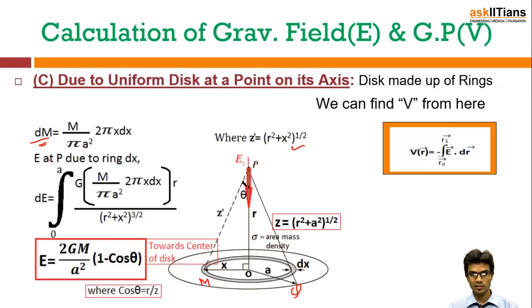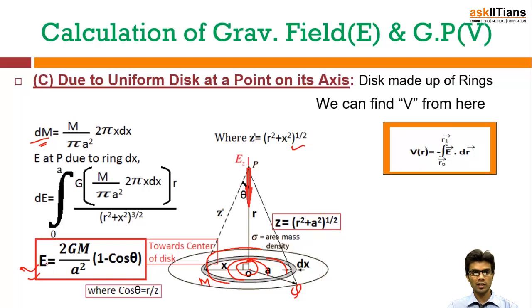So we just replace m with dm, and a square is replaced by x square, because x is the radius of this ring and r is this distance. Now there are many rings here, so integrate this from 0 to a. So we are integrating this, and this is the final result.